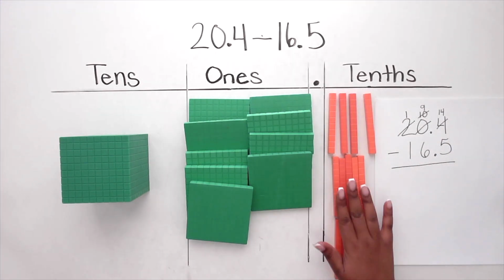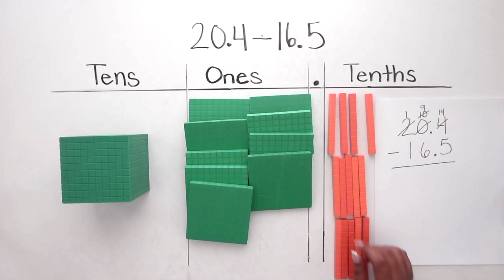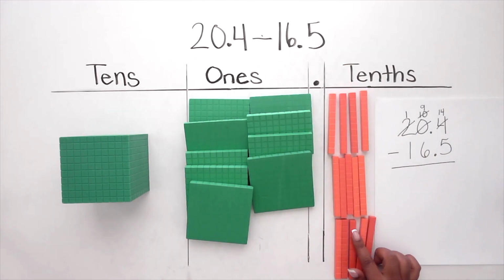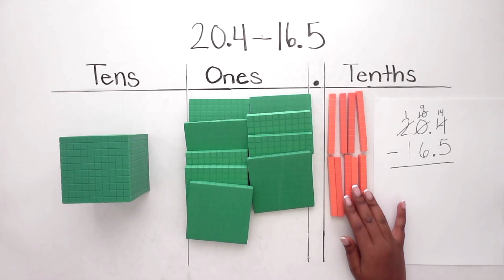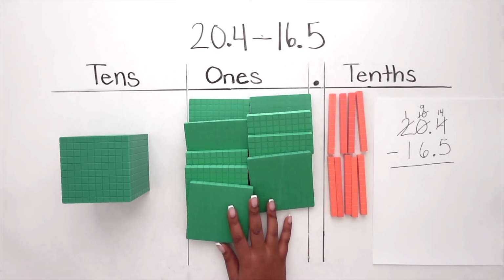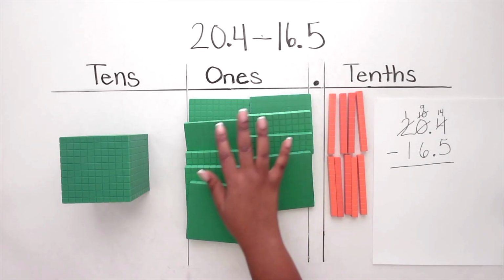Now I have 14/10. I'll subtract 5/10, leaving 9. In the ones place, there are 9 ones left after regrouping.